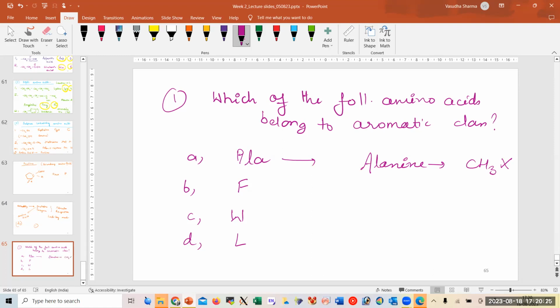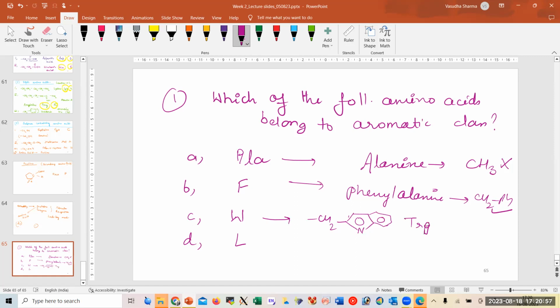So this can't be. F is our phenylalanine, CH2Ph. W is our tryptophan, which is having W, so it is there.